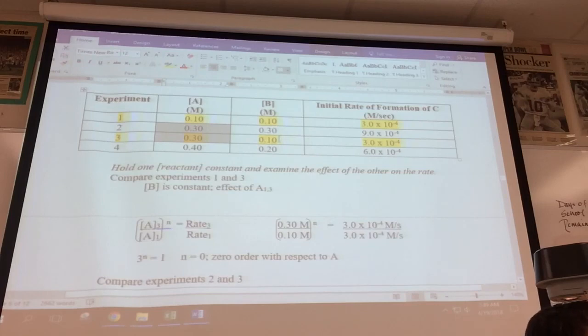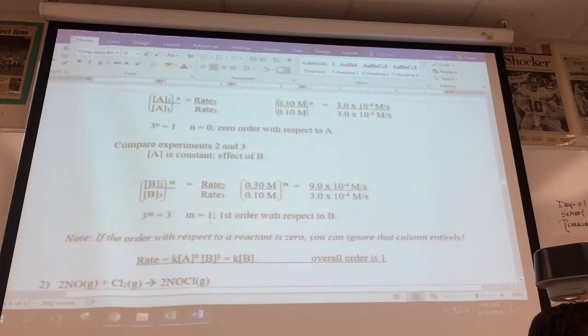B from experiment 3 to experiment 2 triples. I typically put the larger quantity in the numerator so I don't have to play with fractions. So I'm going to do 0.3 molar over 0.1 molar to the m, because this is the second reactant, and I'm going to put this over this, which is 3, and that's what's shown here.